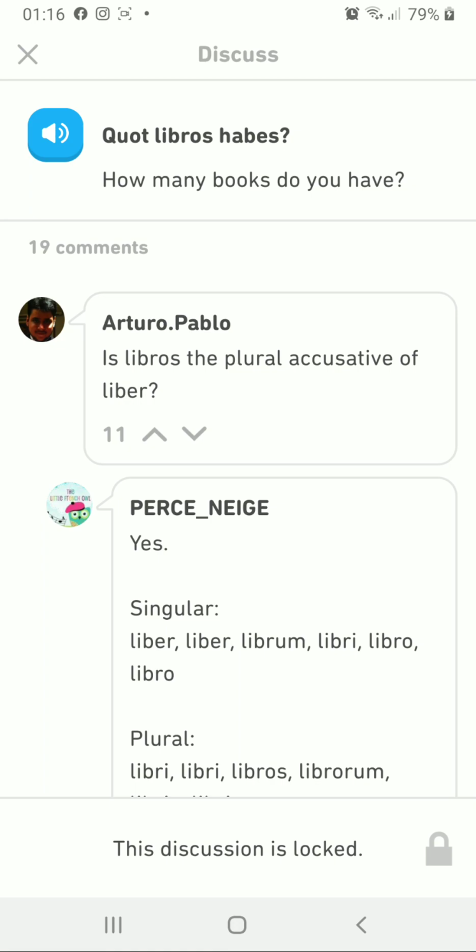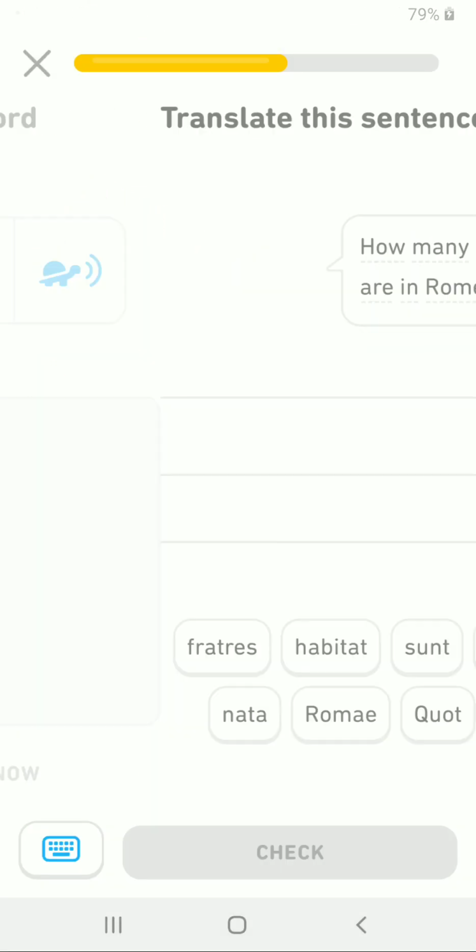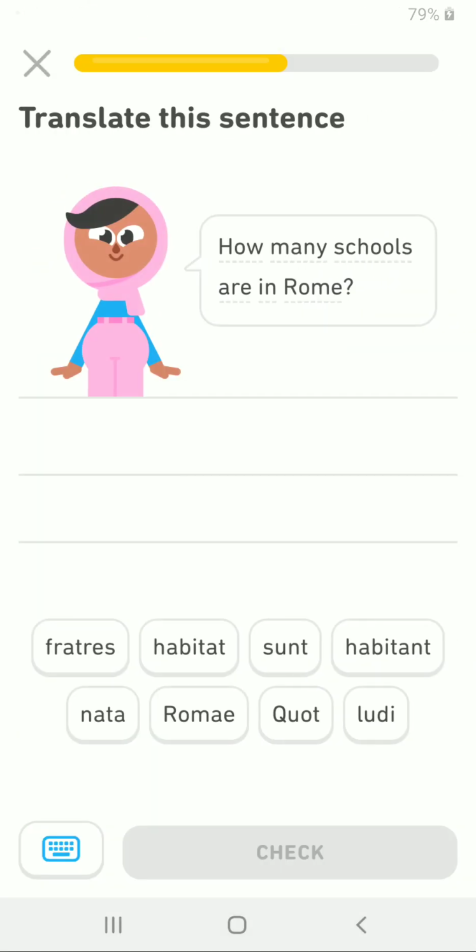Libri, libros. You say how many books do you have? Yeah, so libros. That's right. So the cases, you have to understand the cases. How many schools are in?